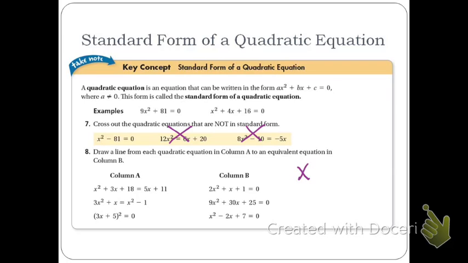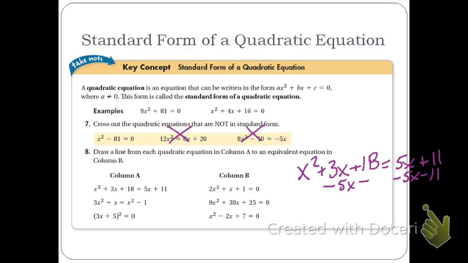Do the first problem, x squared plus 3x plus 18 equals 5x plus 11. So we need to move that 5x to the other side of the equation as a negative 5x.